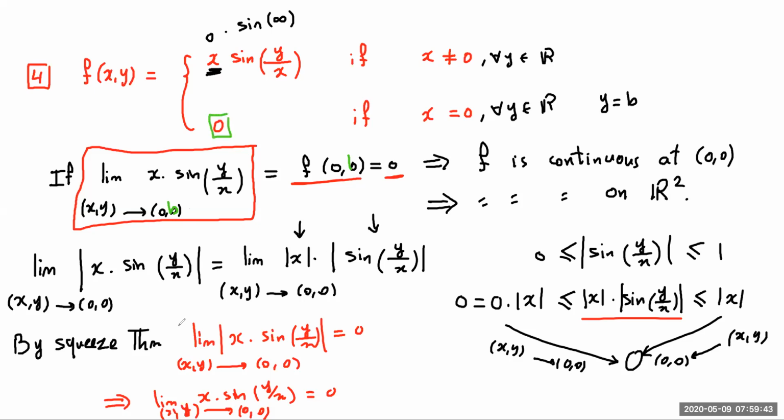So we can write instead of 0, 0, the point 0, b, and the whole exercise is the same, so it will not change anything. So for any point 0, b on the y-axis, the function is continuous at this point, and so it's continuous on R squared.